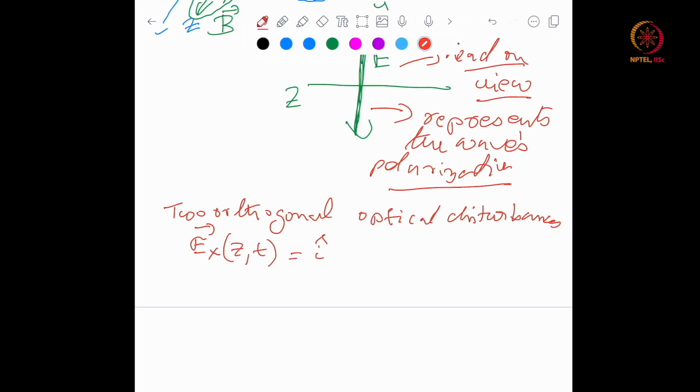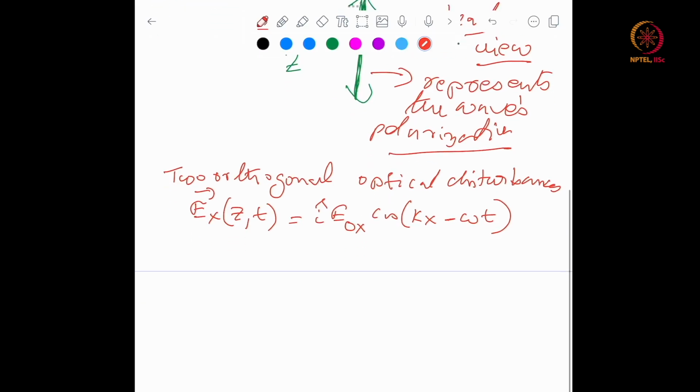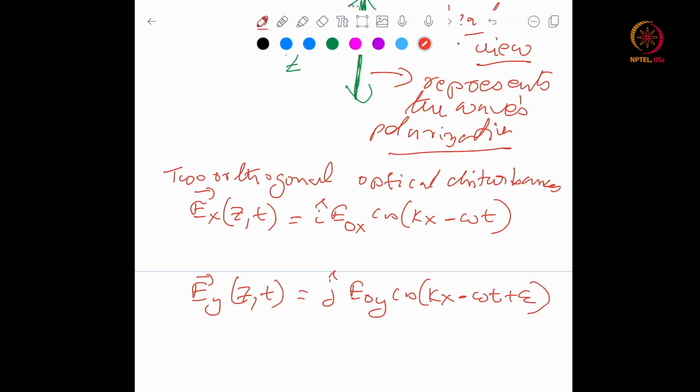This is i E0x cos(kz - omega t). The other one is given as Ey(z,t), given as j E0y cos(kz - omega t + epsilon).